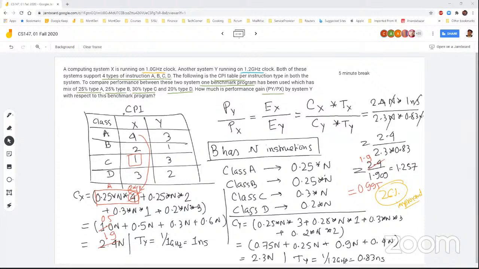And in fact, this is a real life scenario where your performance improvement is not just tied to the hardware improvement or just tied to the software improvement. It is tied to both. Each processor house has a dedicated compiler team.